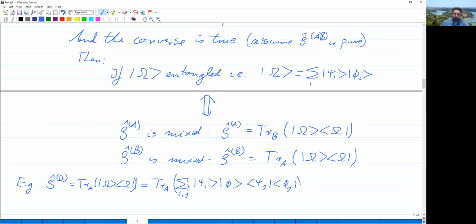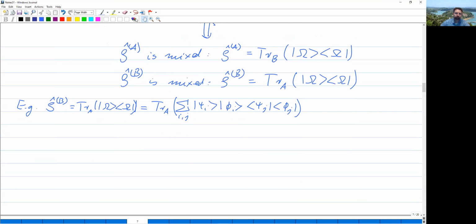I was just subbing in the omega into that equation down here. And now we have to evaluate that. So what is this then? Well, this is what we obtain when we evaluate that trace. How do we evaluate that trace?